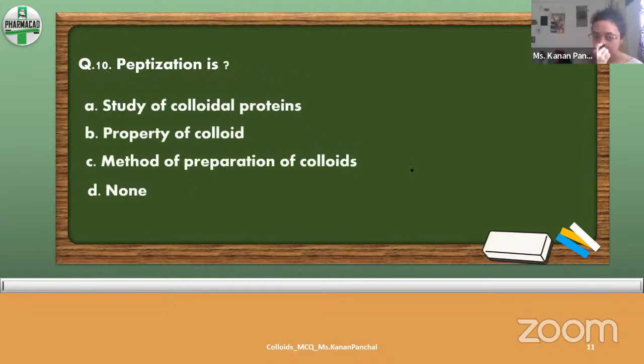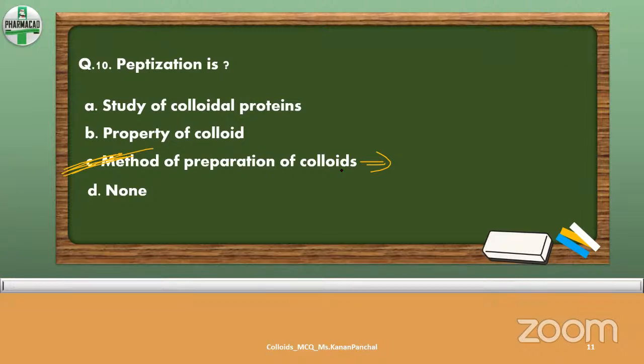What is peptidization? Methods of preparation of colloids. Correct. Can you explain me how is it prepared? In your own words. Addition of electrolytes. And precipitation of the common ion. So a precipitate is formed. Say अगर मैग्नीशियम सॉल्ट का प्रेसिपिटेट बना है, तो तुम कौन सा आयंस यूज करोगे?